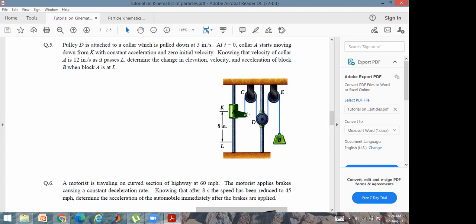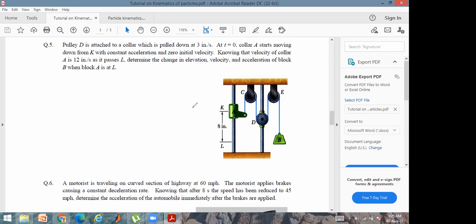At T equals 0, collar A starts moving down from K, with a constant acceleration and 0 initial velocity. That means I'll write what is given in the question.